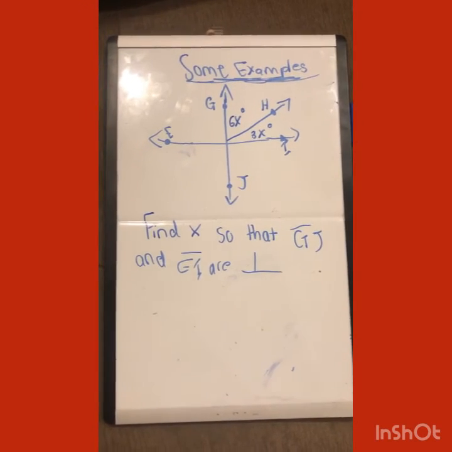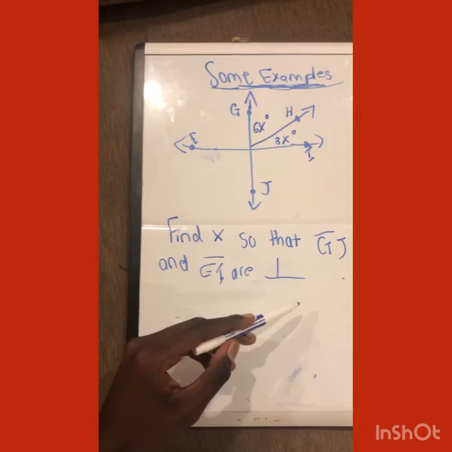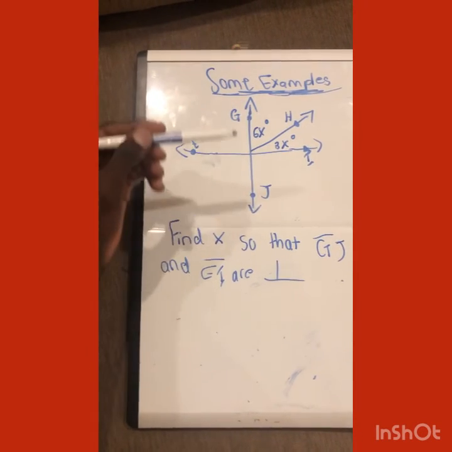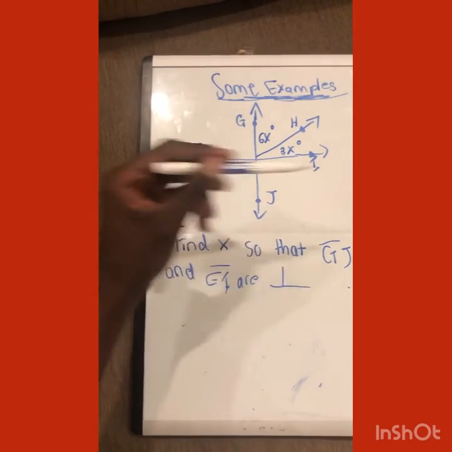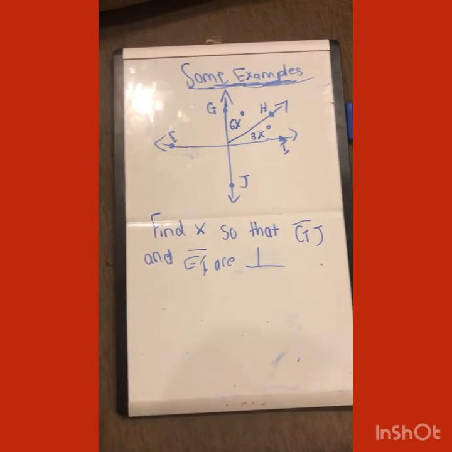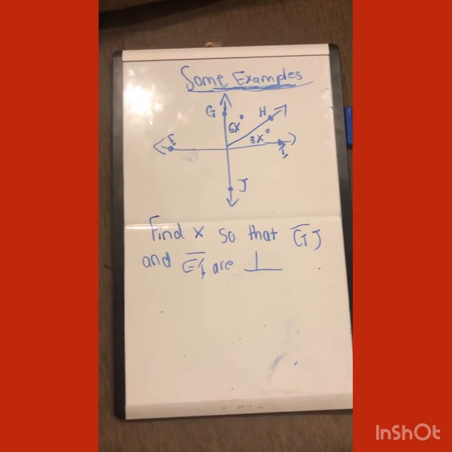Another example here, it's asking us to find x so that line GJ and line EI are perpendicular. These two lines here, GJ and EI, perpendicular. Now the word that should come to you as soon as you hear perpendicular, you should think of the number 90.